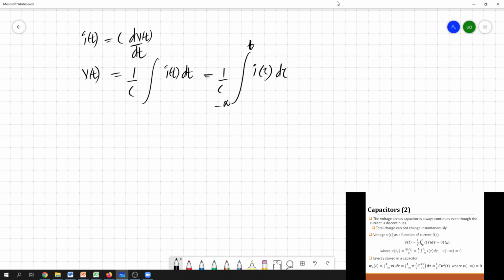Let's think about the time axis. This is t equals 0. For this circuit analysis we assume that t equals 0 gives the present condition.